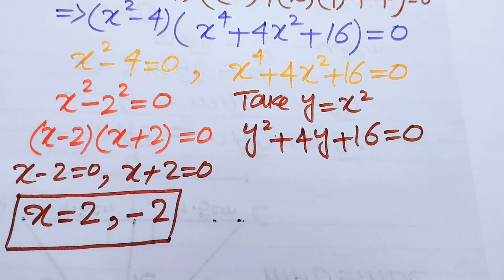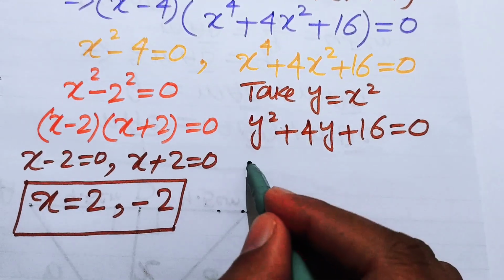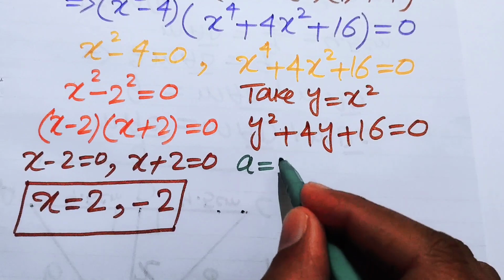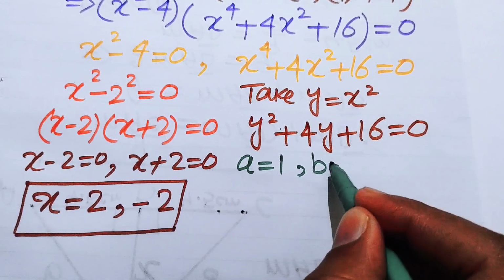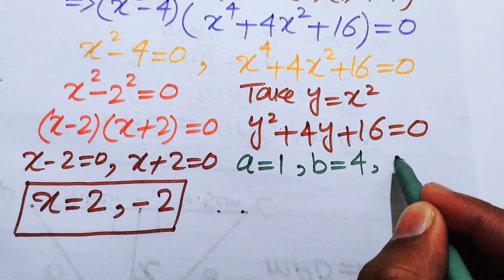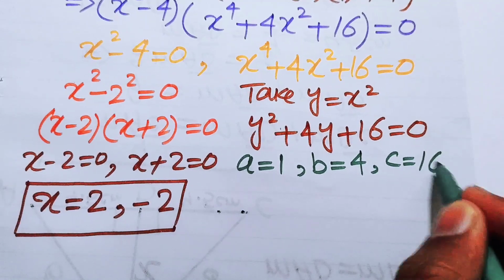Now we solve this quadratic equation by using the quadratic formula. First we write the coefficients: a equals 1, b equals 4, and c equals 16.